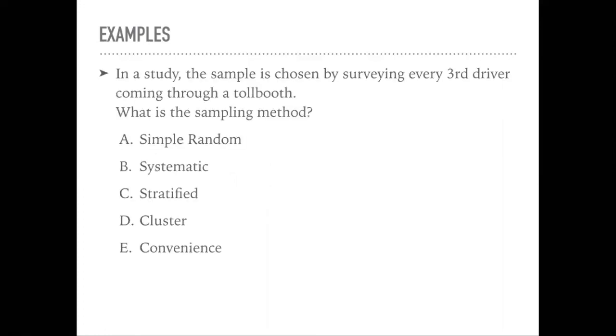In a study, the sample is chosen by surveying every third driver coming through a toll booth. What is the sampling method? Sampling every third sounds like sampling every kth, so this would be a nice example of systematic sampling.